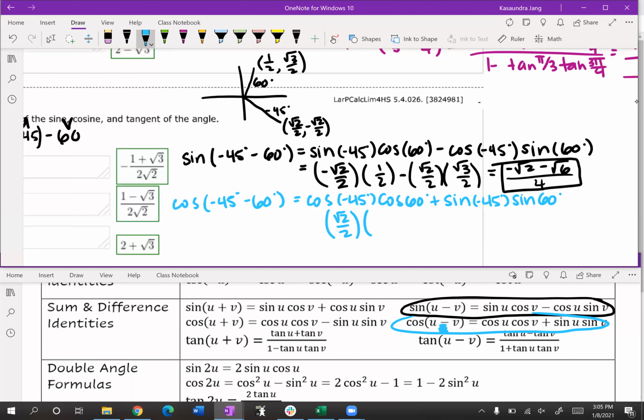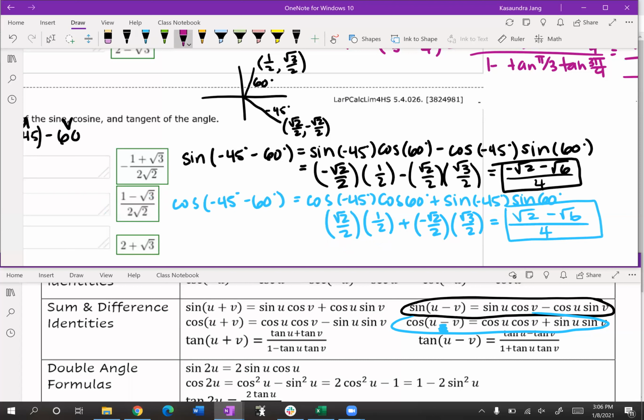And the cosine of 60 degrees is a 1/2 plus sine of the negative 45 degrees, so a negative root 2 over 2 times sine of 60, so a root 3 over 2. And again, nice common denominators of 4, so I can go ahead and add these fractions with the denominator 4. I get a root 2 minus root 6. So it looks a little different, but it should decimal-wise be the same answer.